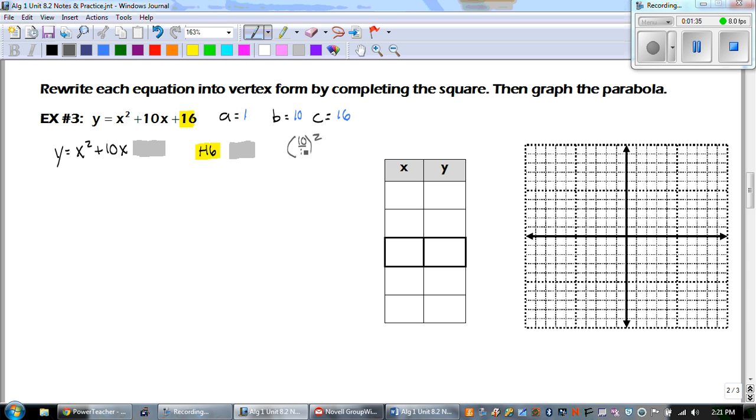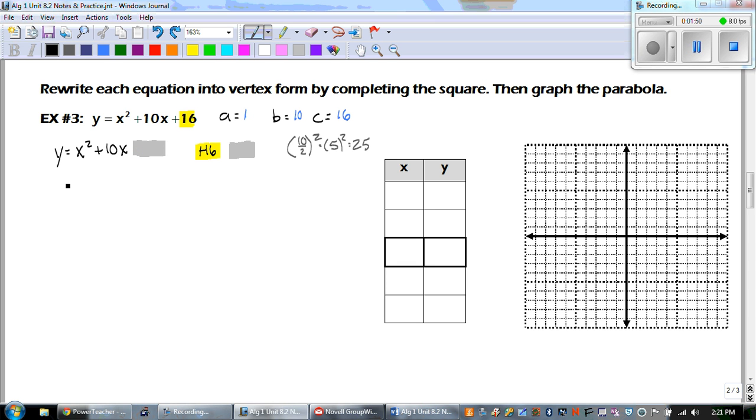So what's 10 divided by 2? 5. If we want to do it a step at a time, 5 squared is 25.